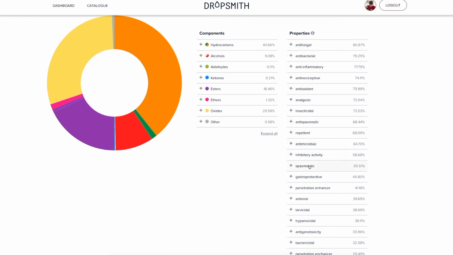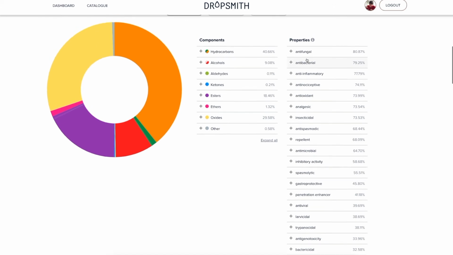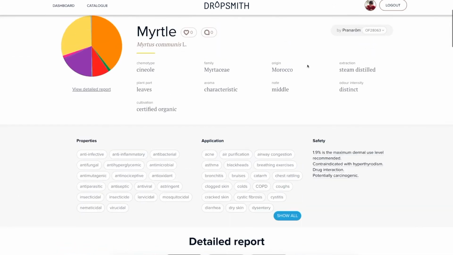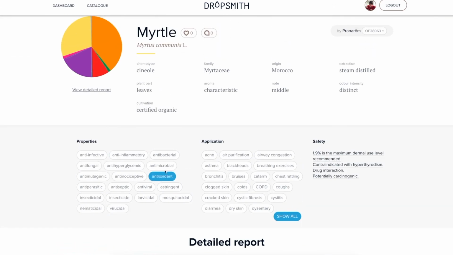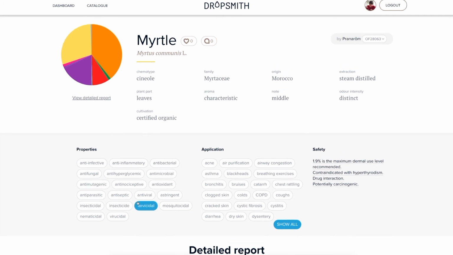So I like to look at properties of chemical components and then compare that to the properties of the essential oil as a whole that we found. And with myrtle we have quite a lot that we can look at, and this will give me a very broad and wide knowledge about this particular essential oil, and then I can use it with a sense of confidence and have a lot of things to back up my choices.